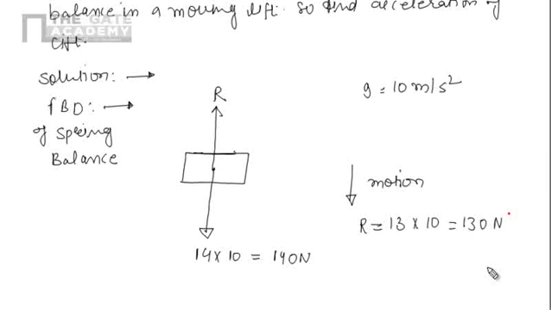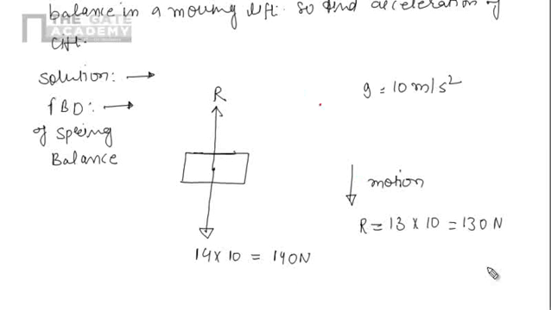As I already discussed, if the apparent weight measured by the spring balance is less than the true weight, it means the lift is moving in the downward direction. So I am showing the motion in the downward direction because the apparent weight is less than the true weight.